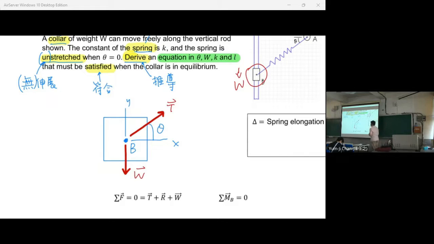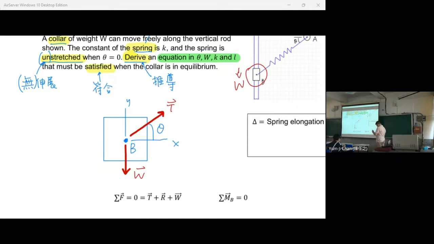What else? There's no equilibrium yet, right? This one plus this one is always somewhere there. So what else should we add? This collar is along the vertical rod, so it can move here, but can it move to the left or to the right? No, so what should we draw here? It pushes to the left or to the right, that is up to you.